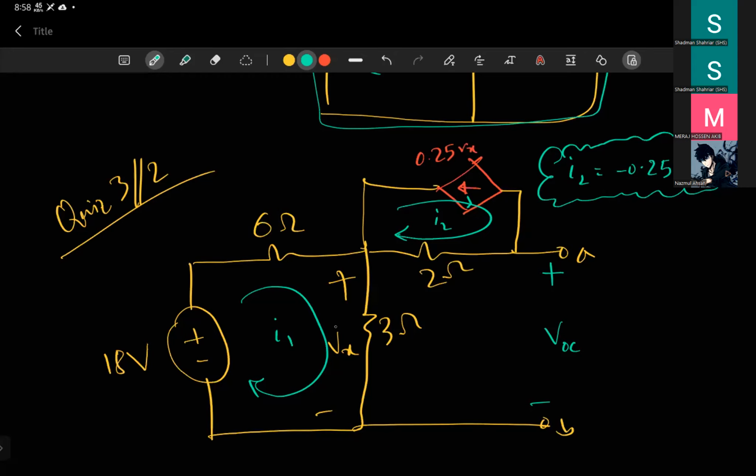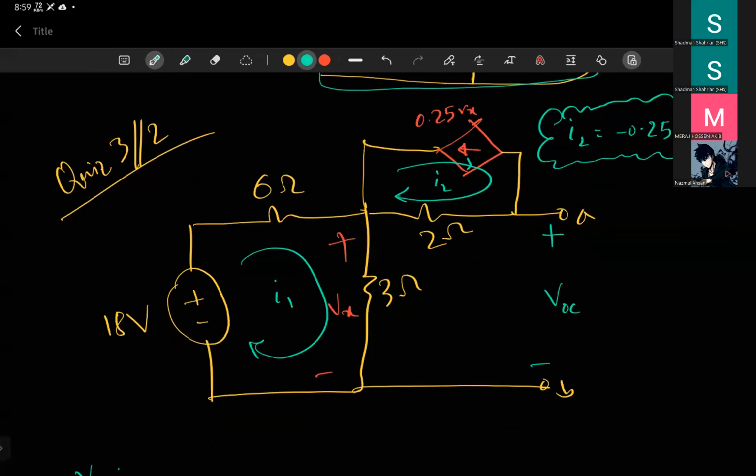And if you are writing in terms of I2, etc., you have to see which currents are going through that 3 ohm resistor. I can see the I1 current is going through the 3 ohm resistor, and I2 is not, and there are only 2 resistors here. So I1 current is flowing through this resistor, following passive sign convention.